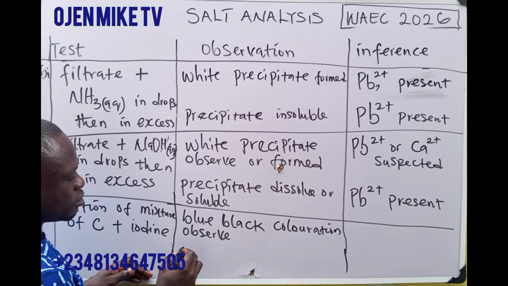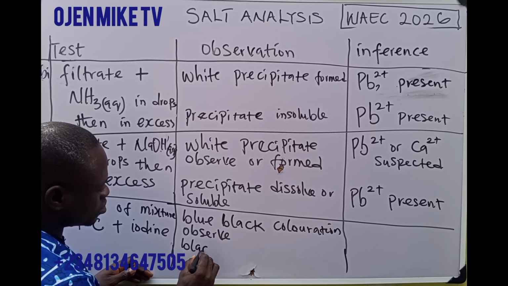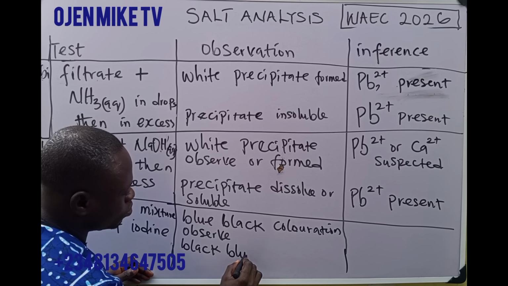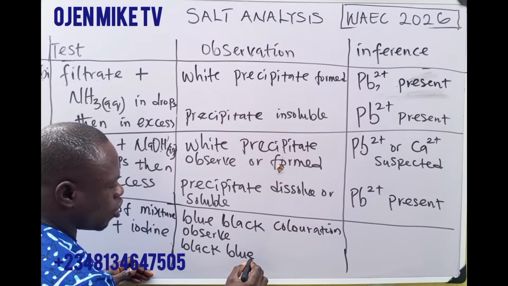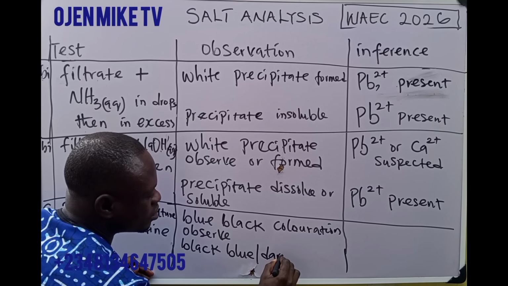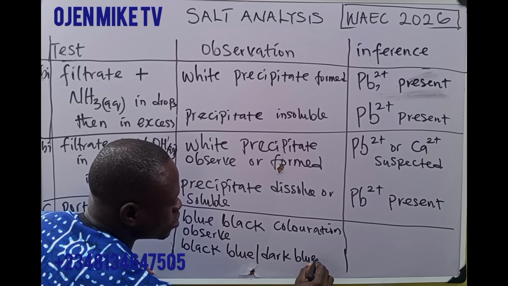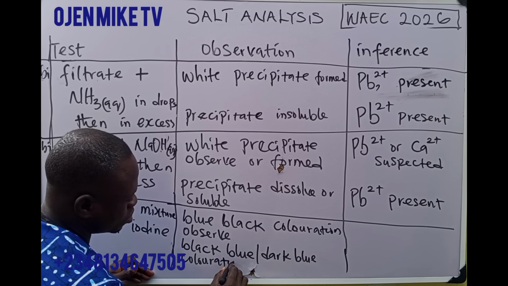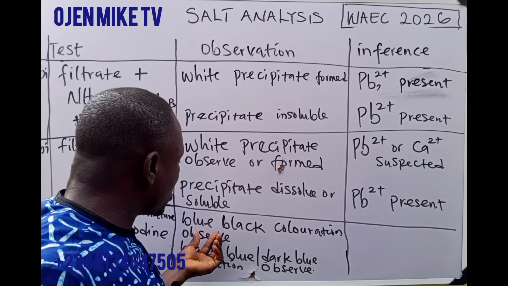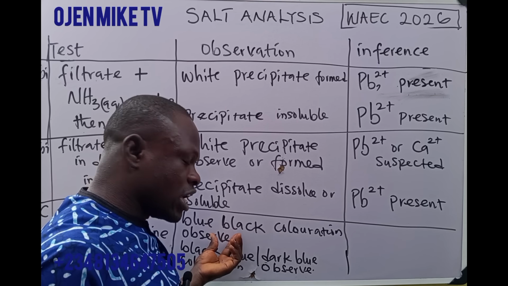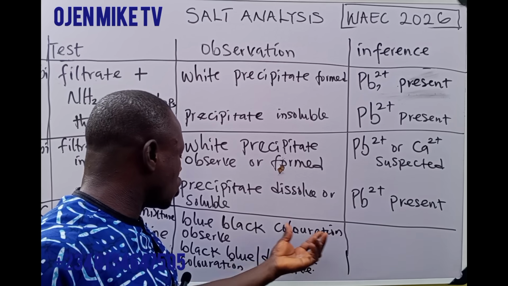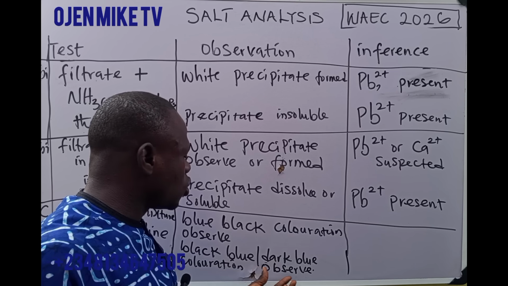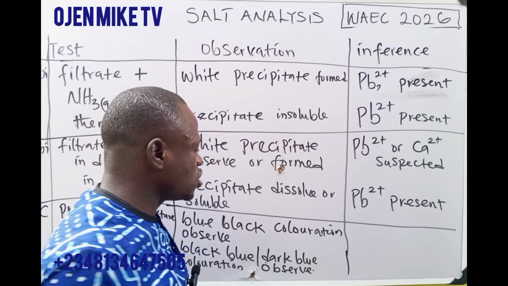Or some can say black, blue or dark blue coloration. If you are a teacher, your students can say blue black coloration observed, or blue black or dark blue coloration observed. Anyone that you write is correct.